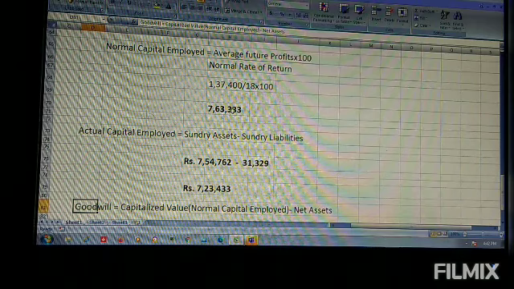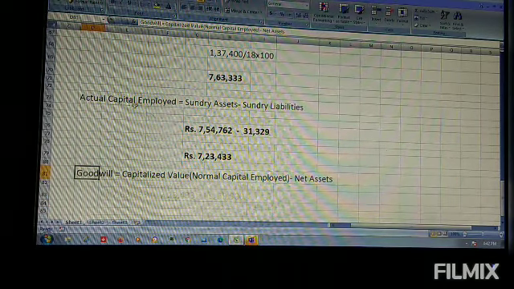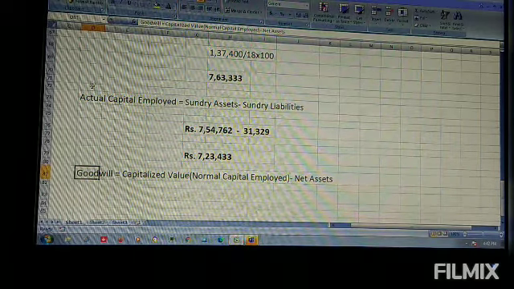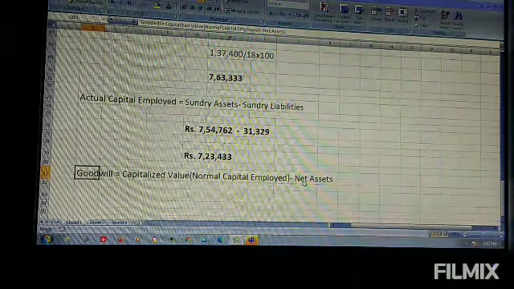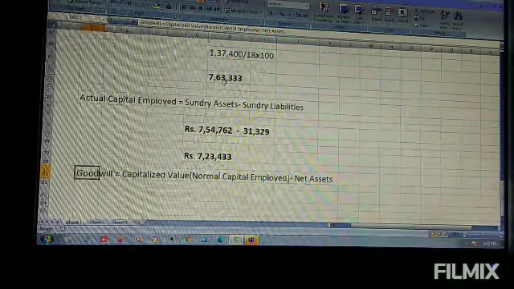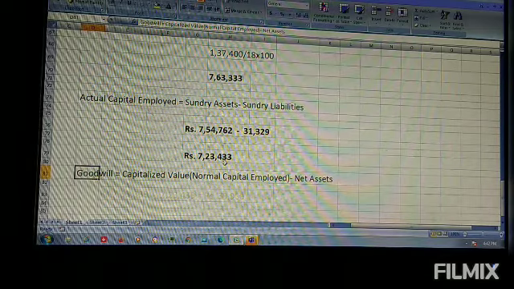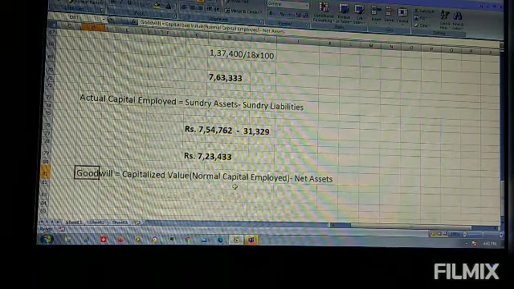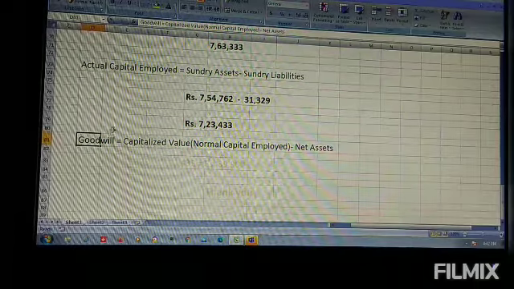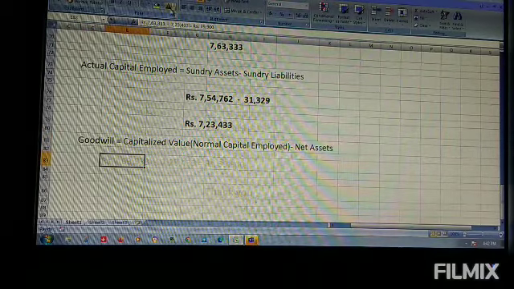Normally you should employ this much capital, but the actual capital employed is nothing but net assets. Actually we had to invest this much, but by investing less we could earn the interest of 18%. It shows efficiency. That is nothing but goodwill.